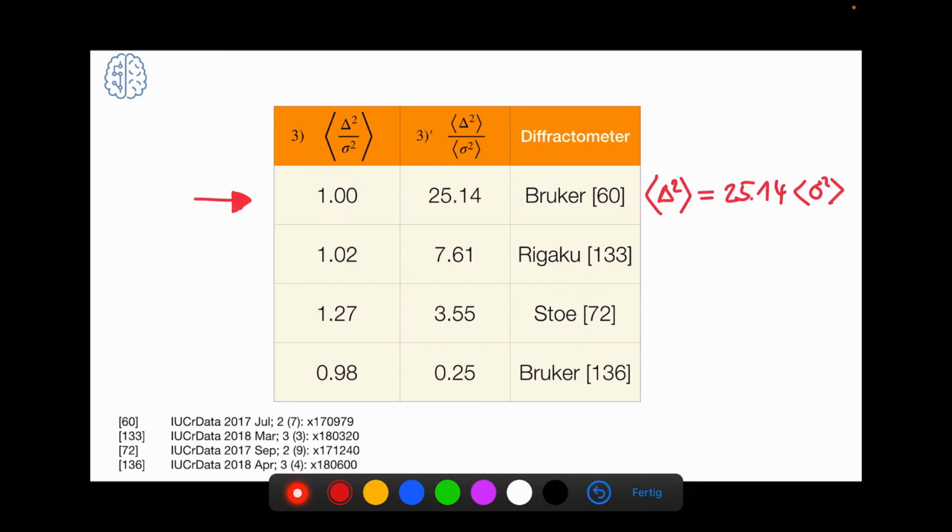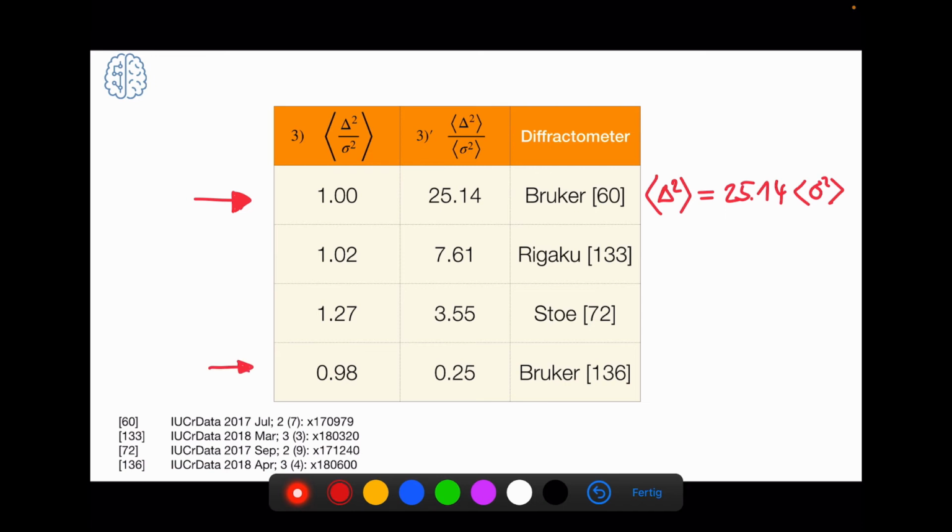I hope you agree that this is not only surprising, but that it also indicates that in this data set there are some severe systematic errors, and that these severe systematic errors are reflected in equation 3 prime, because it leads to this large number. But it's not reflected in the mean squared weighted residual, which is just close to 1 and therefore will lead to a goodness of fit value also close to 1.